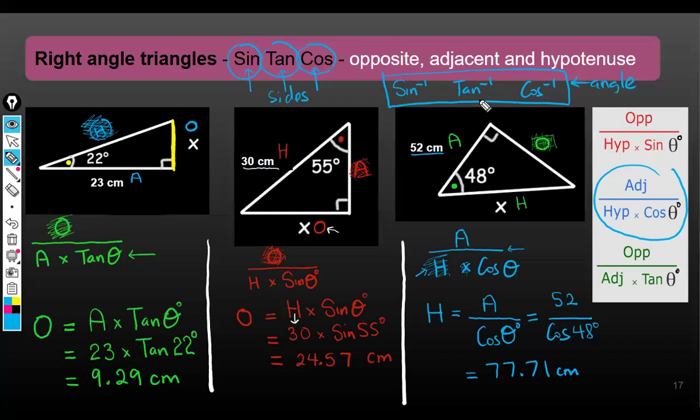But the moral of the story is this: whenever you're finding regular boring sides, it's regular boring sine, tan, and cosine you will end up using. So obviously the next set of questions is going to be, at some point, how to find a missing angle. Take 10 seconds. Anything you need to take down, take it down.